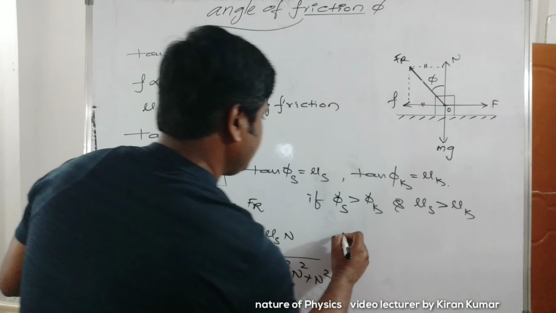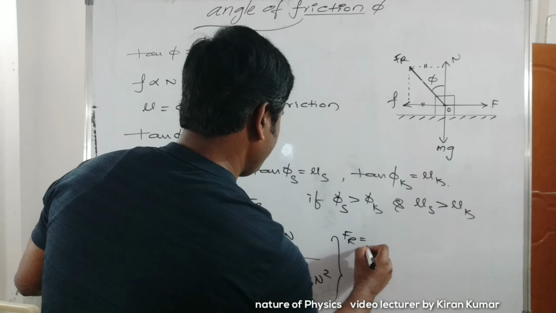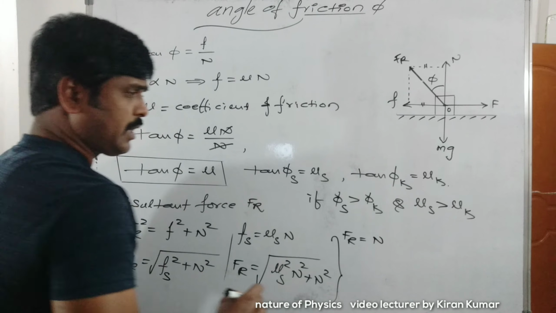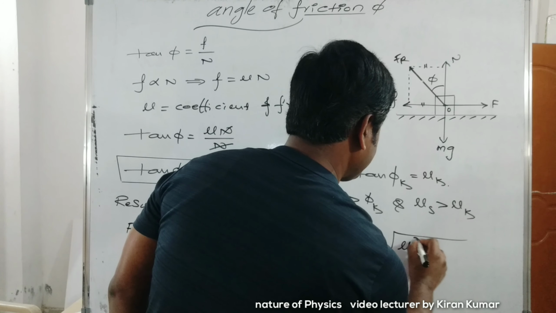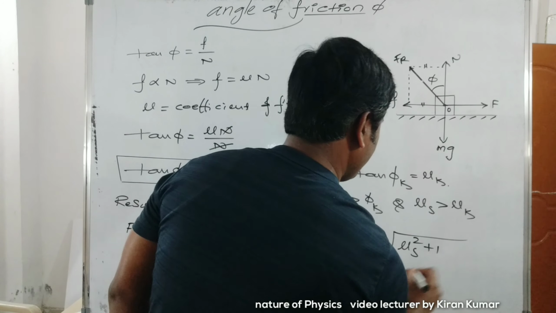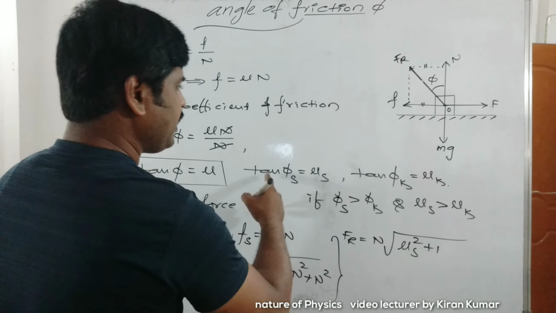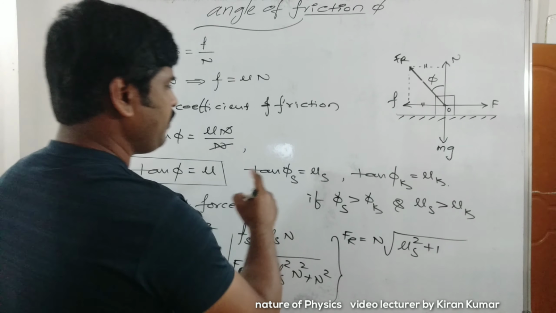Next, Fr is equal to N times root over mu s square plus 1, since N square gets cancelled out, but mu s is equal to tan phi s.